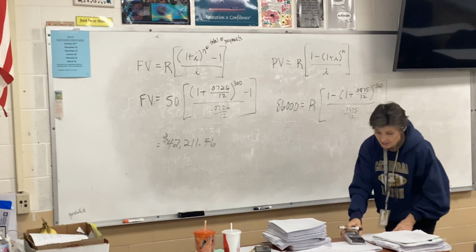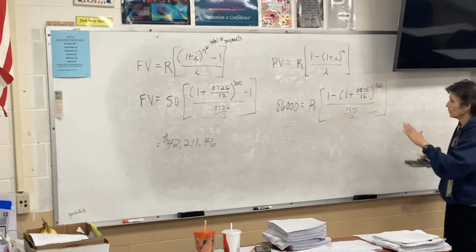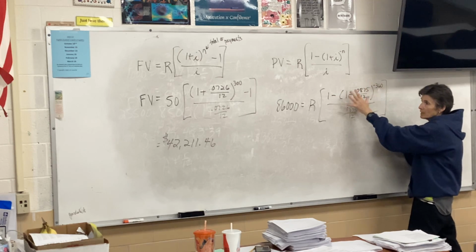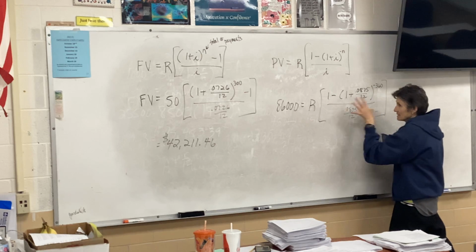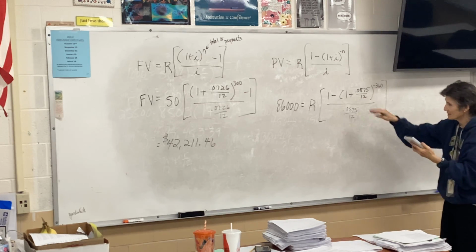All right, this is another one of those like the last one we did where we're going to type this in, but to get our payment amount, we're going to have to divide 86,000 by that. So we've got to figure out what this is first.